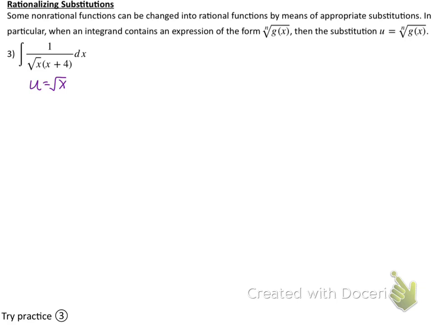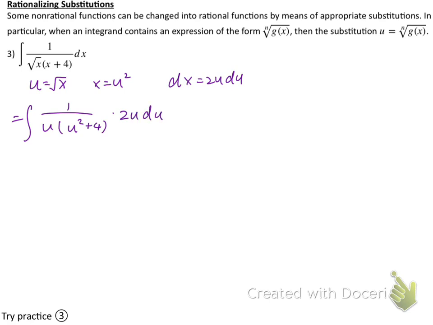Again, when you do substitution, you do the backward. u is √x, that means x is u². Then you just replace every x by u². This is 1 over (u² + 4), and dx will be 2u du, times 2u du. And u cancels each other.